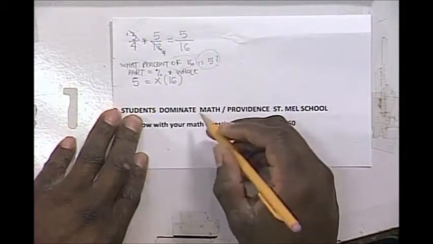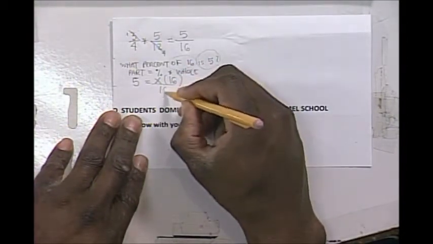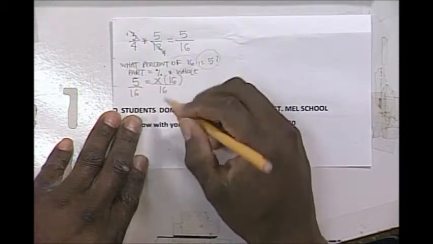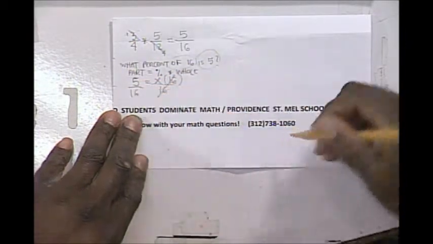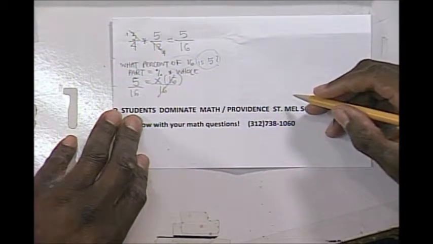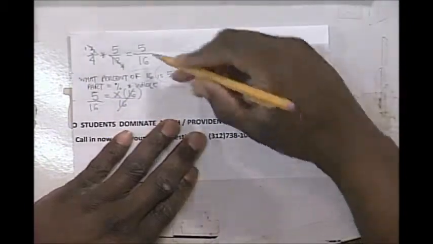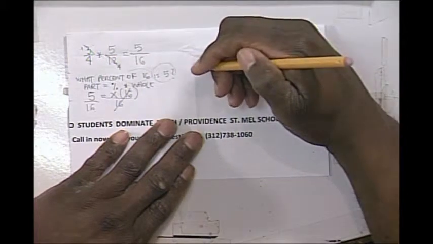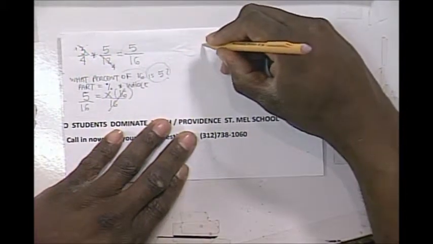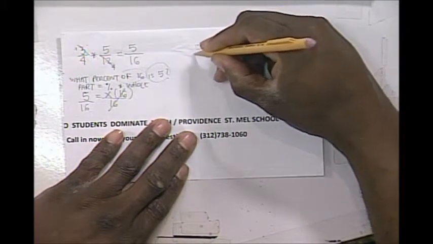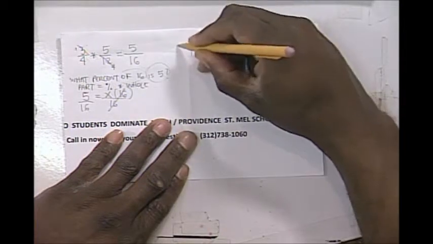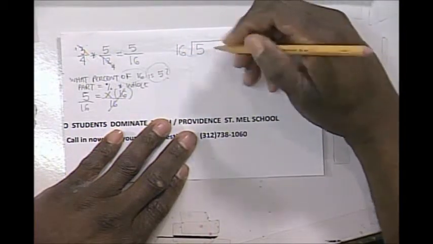So you're going to solve this by dividing by 16 on both sides, and you're going to end up just dividing 5 by 16. And that's really what I was going to tell you to do in the first place, is just divide these two numbers out. Okay? So let's take the number 5, and let's divide it by 16. That's really all you're going to do.